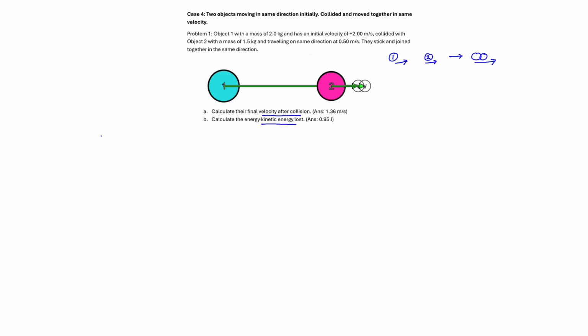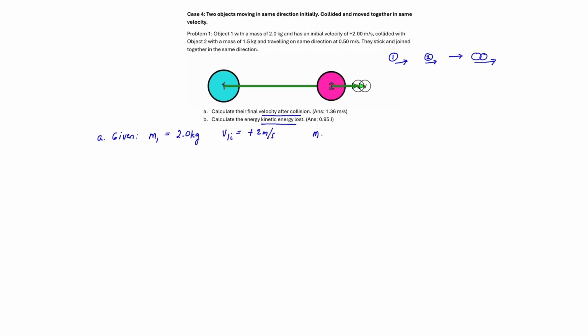So let's write here first our given. Our given here is that the mass 1 is 2 kilograms, and then the velocity 1 would be positive 2 meters per second. That would be the initial condition.